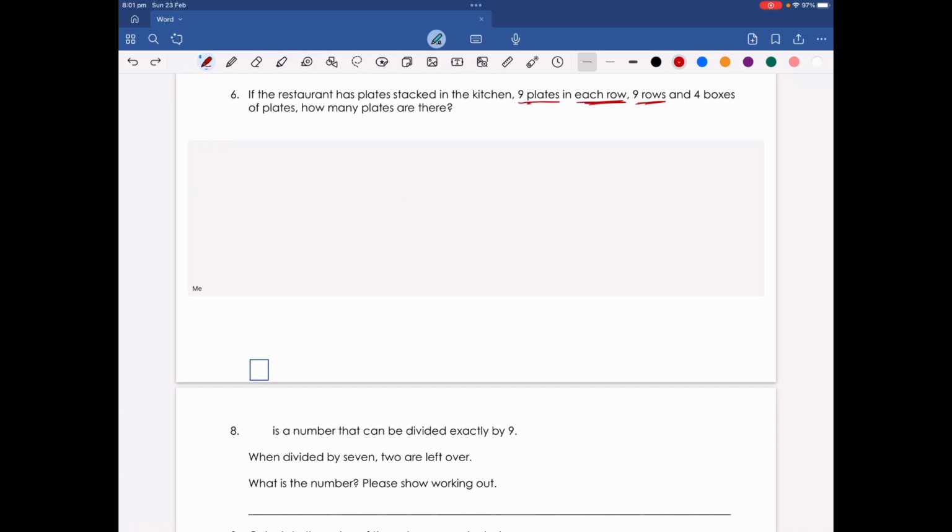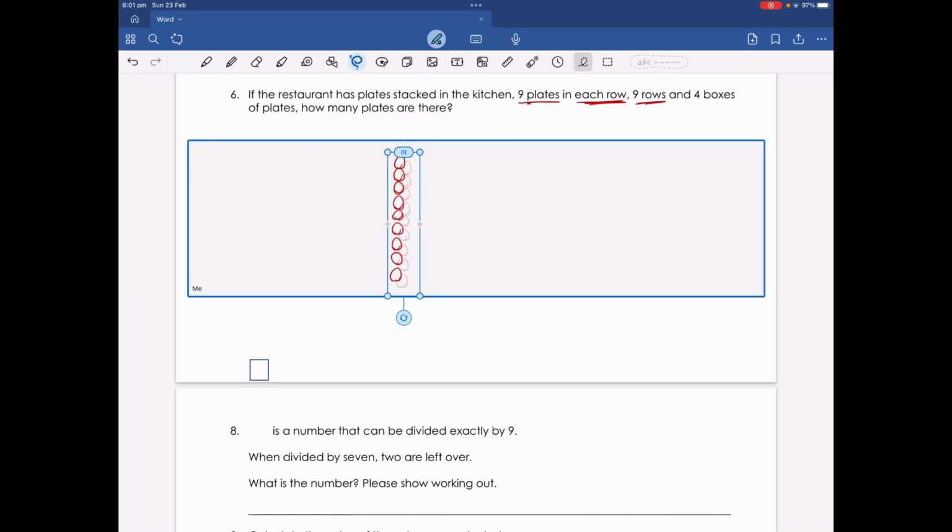So if we have, let's say these are the plates, 2, 3, 4, 5, 6, 7, 8, 9. So there's 9 plates in a row, and there's 9 rows. So if I snipped this, duplicated it again, feel free to speed this part up if you like.